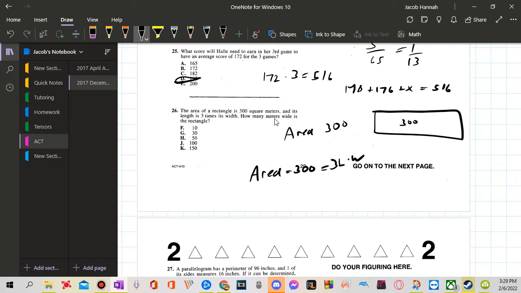So for this one you could really just plug in these values and see. It's 3 times its width.